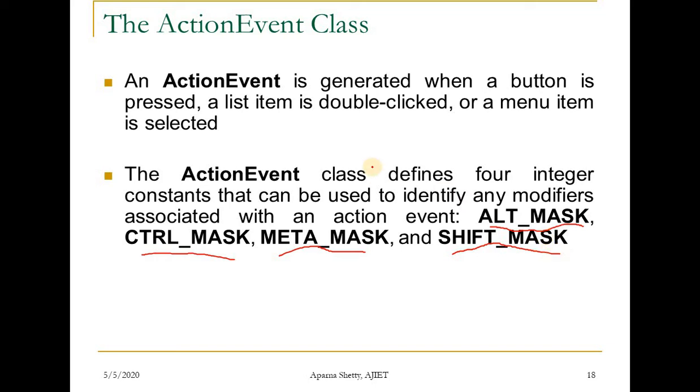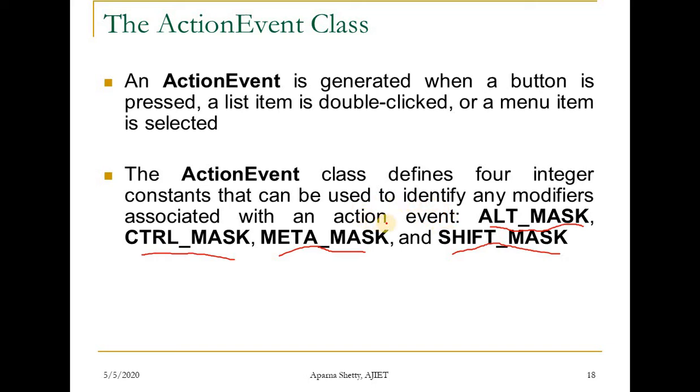So when you perform these events, if you press the alt key or control key or the meta key or the shift key, those modifiers associated with the action event are represented by these 4 integer constants.